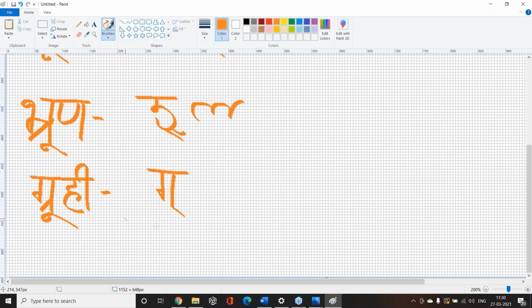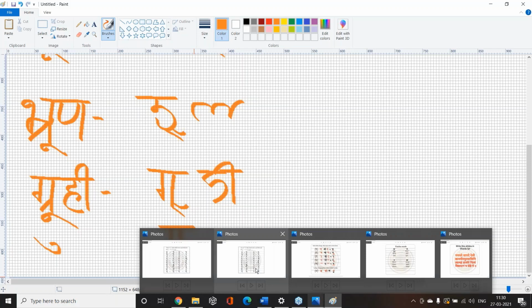Now this dirgh swar u would be written like this, and then her and matra would be written as it is. Now if we had the u matra instead of u here, then only the shape of that matra will change. The rest will remain the same. This is matra ra, matra u. So this is all that the rule is about. This is how the formations are.